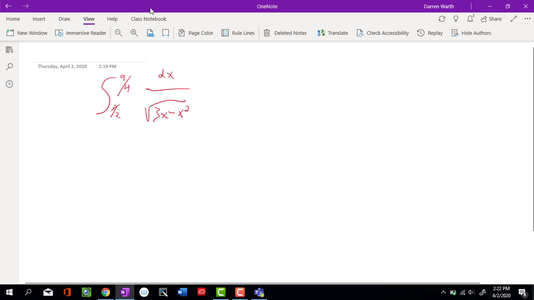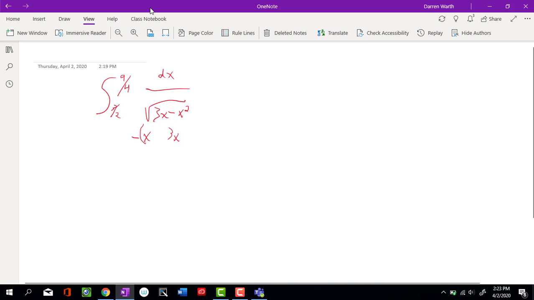I'm going to work with this denominator and rewrite it as negative x squared plus 3x, putting it in descending order, and then put this in parentheses. And you're going to notice that when I put it in parentheses, that's going to change the sign from a positive to a negative.